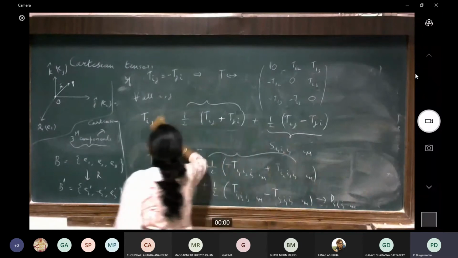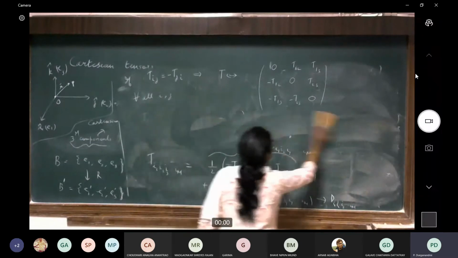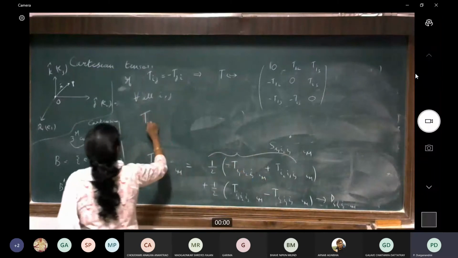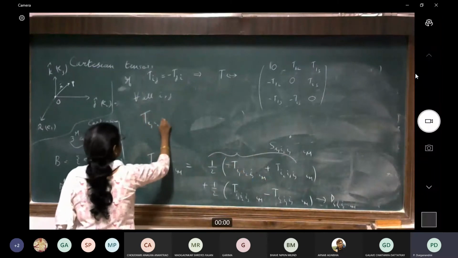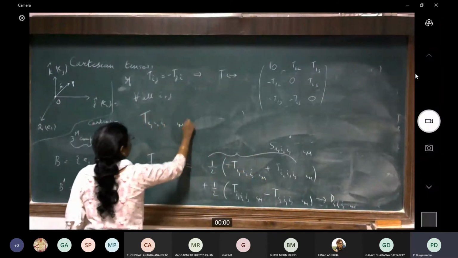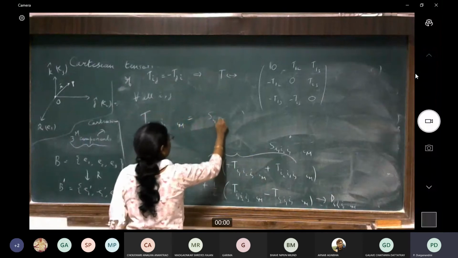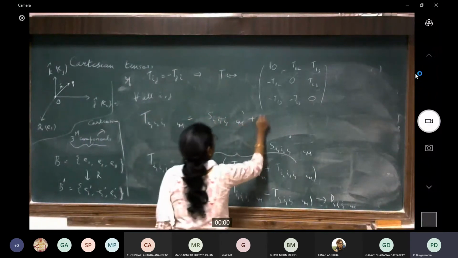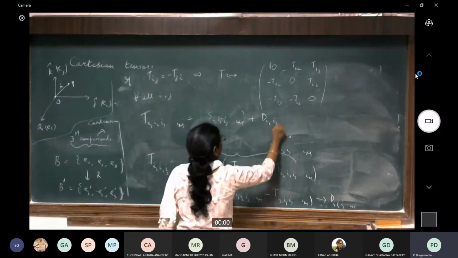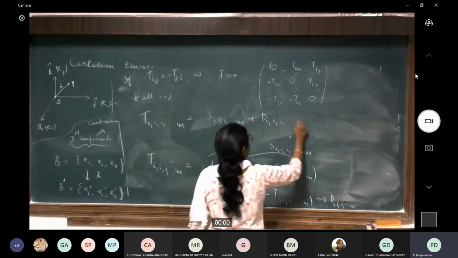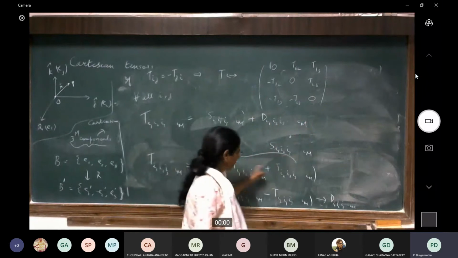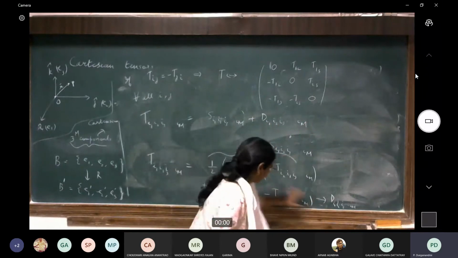So what I find therefore is that I can write any tensor T i1, i2, i3, ..., im as equal to S i1, i2, ... plus D i1, i2, ..., where my S equals this, and D equals this.